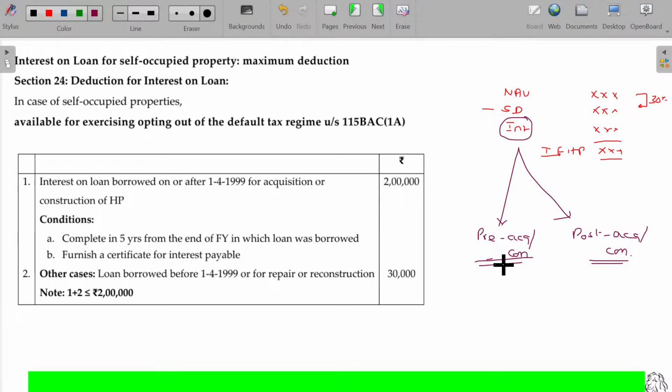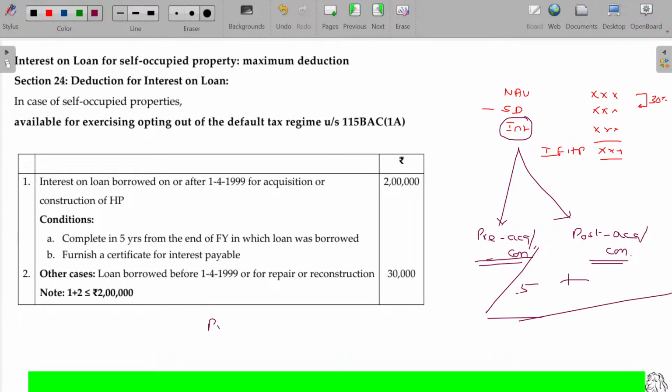For pre-acquisition period interest, there is no income, so accumulate that. Once the building is constructed, it can be amortized over 5 years. It's not a single shot, it's a 5-year period. Is that okay? In 5 years you can amortize. Clear? So both of these put together you can subtract.